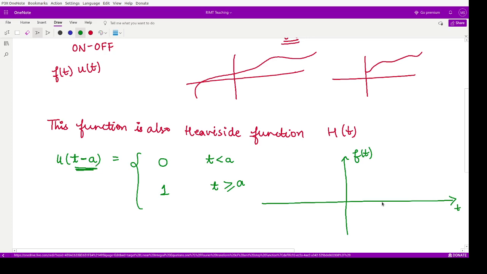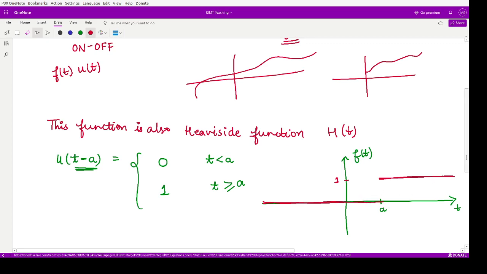So the function's value is equal to 0 whenever t is less than a, and it is equal to 1, say this is 1, whenever t is greater than a.